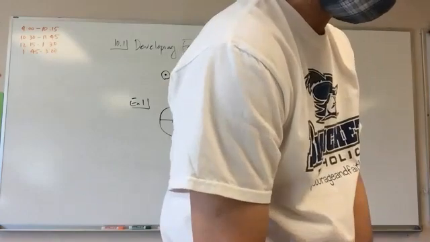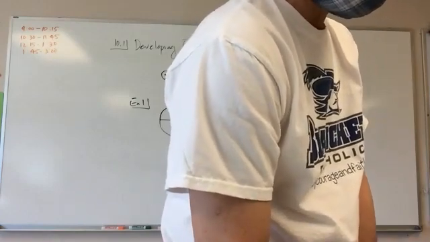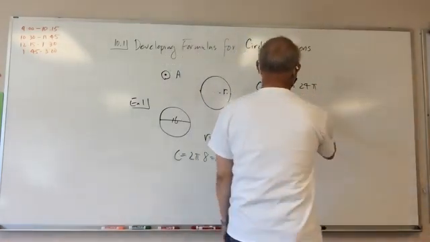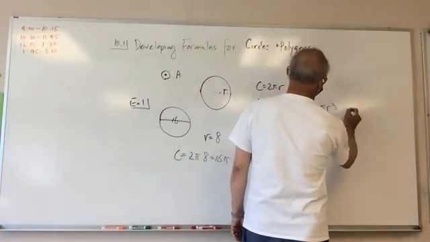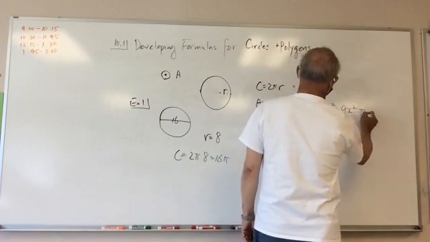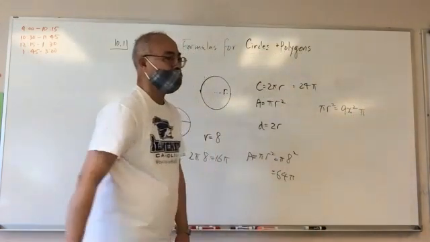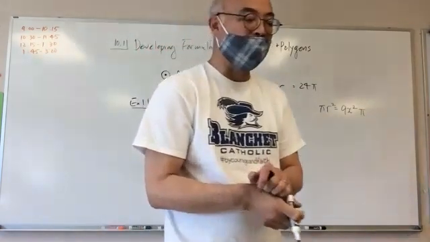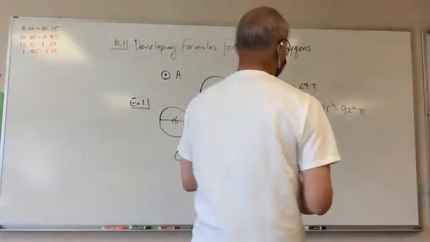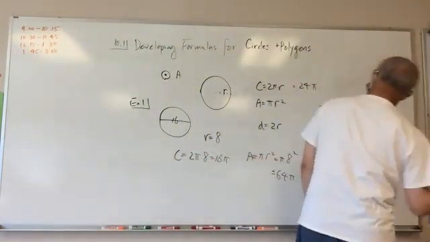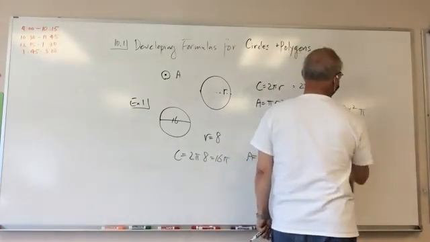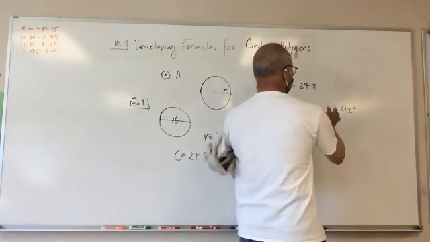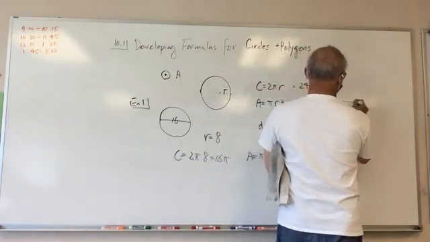C, circumference of circle S, in which the area is 9x squared pi. So the area is equal to 9x squared pi. And what I'm trying to find here is the radius, right? I need to find the radius in order to find the circumference. And divide both sides by pi. Pi's cancel out. Trying to find the radius. So the radius is going to be square root of that.